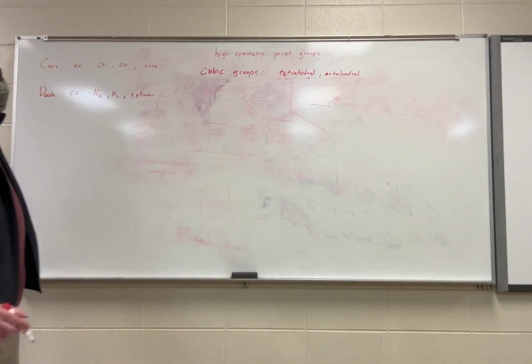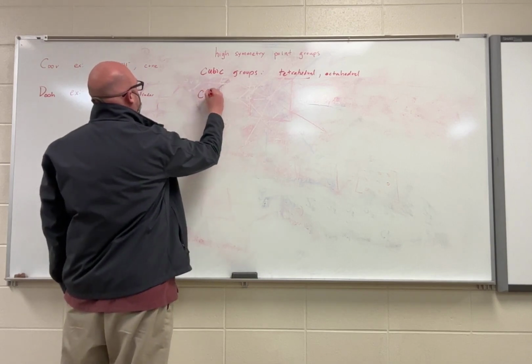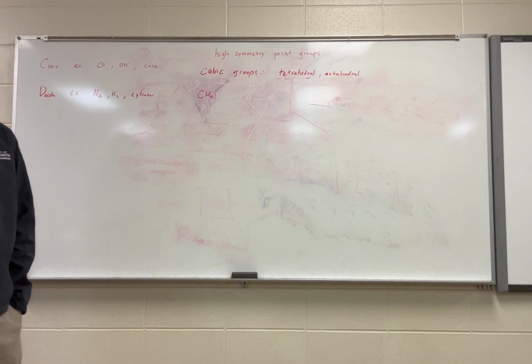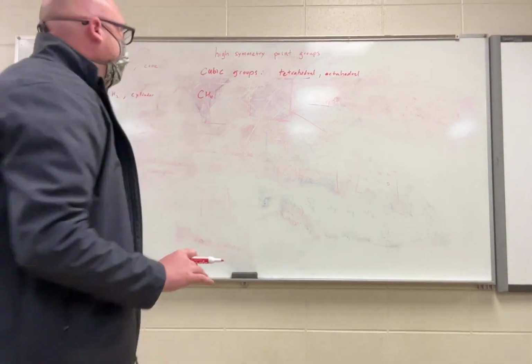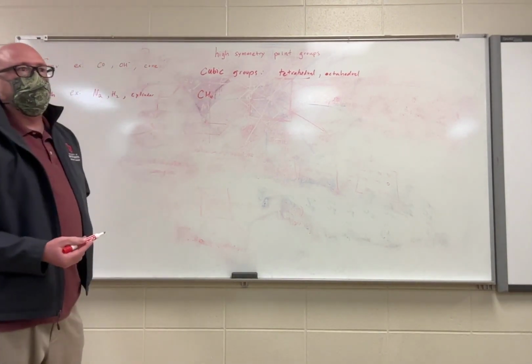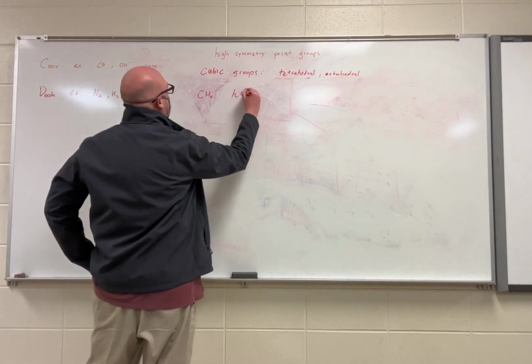The molecule methane is obviously tetrahedral and symmetric. What are the symmetry elements? There are a lot. All right? The order of the group is going to be 24.